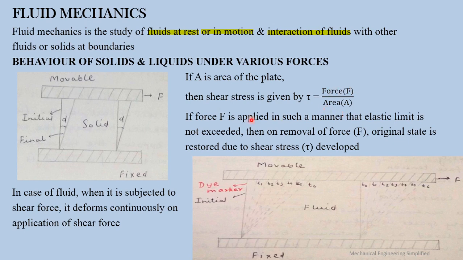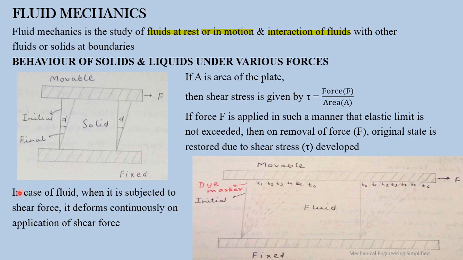If this force F is applied in such a manner that the elastic limit is not exceeded, then on the removal of force F, the original state is restored due to the shear stress developed. That is in case of solid.